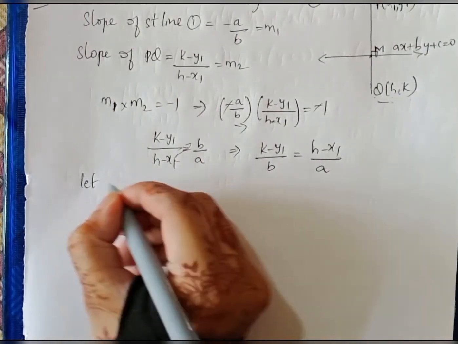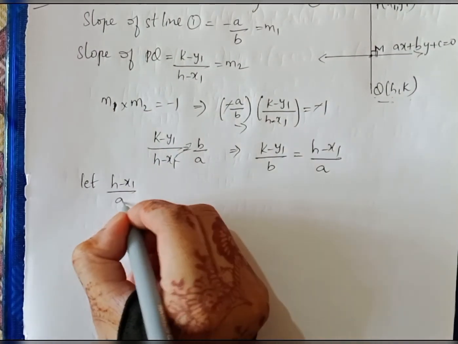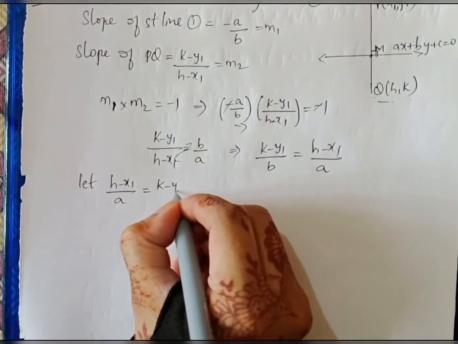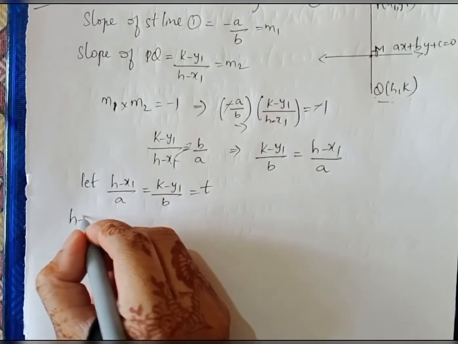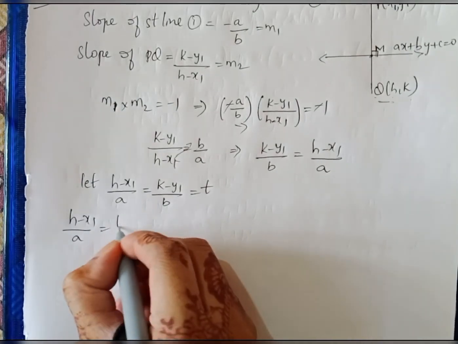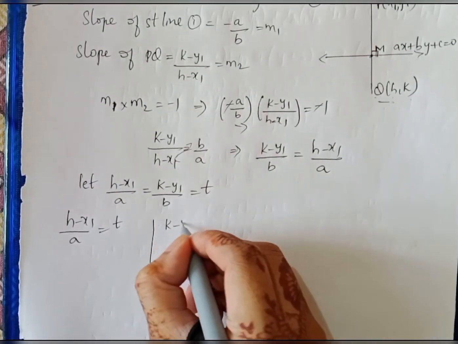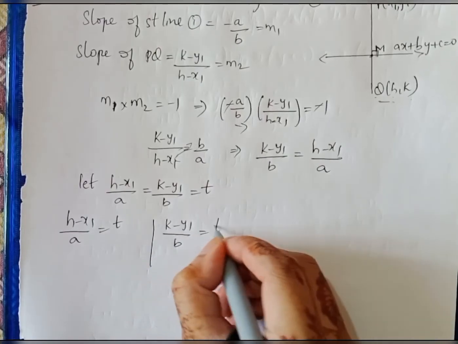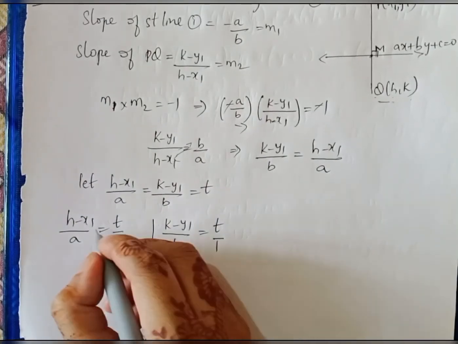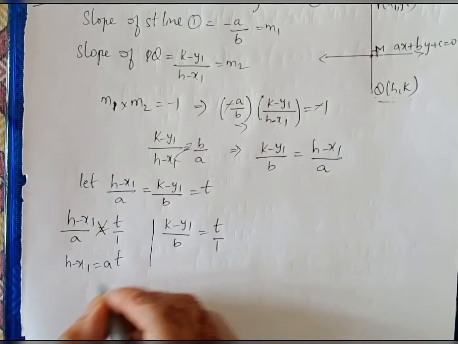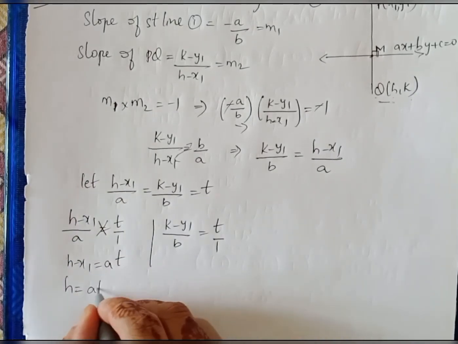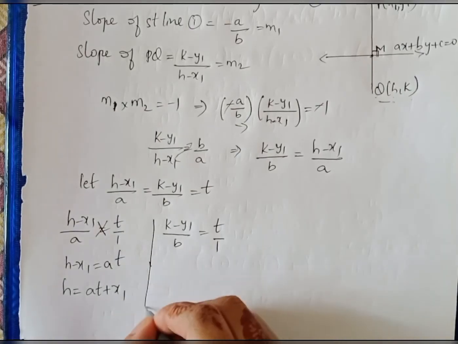Let (h minus x1) by a is equal to (k minus y1) by b is equal to t. So (h minus x1) by a is equal to t and (k minus y1) by b is equal to t. So by cross multiplying, h minus x1 is equal to at, h is equal to at plus x1.